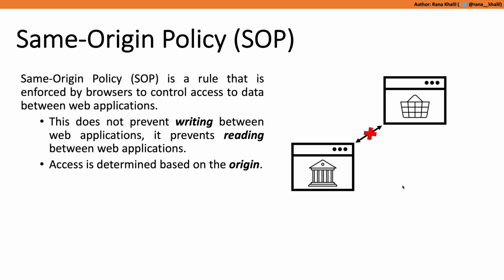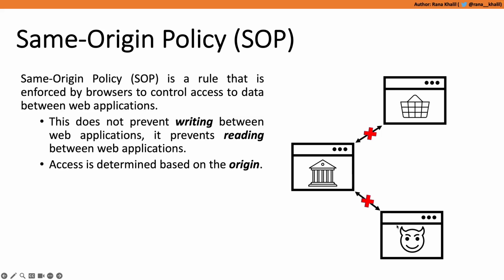Browsers abide by a rule called the same origin policy, or in short, SOP. This policy segregates content that is received from different origins or domains to prevent different domains from interfering with each other in the user's browser. So the browser does not let any random script that is running on a different domain from accessing the content and the responses of the application.